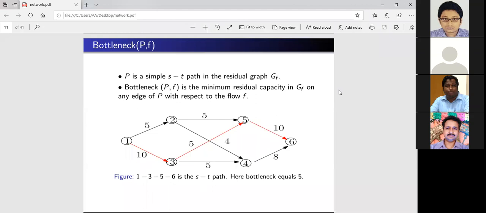Whatever is the lowest weight along the path, that is the bottleneck. Here 1 to 3 weight is 10, 3 to 5 weight is 5, 5 to 6 the weight is 10. So the bottleneck is equal to 5. So we can push an additional flow of value 5 along this 1, 3, 5, 6.